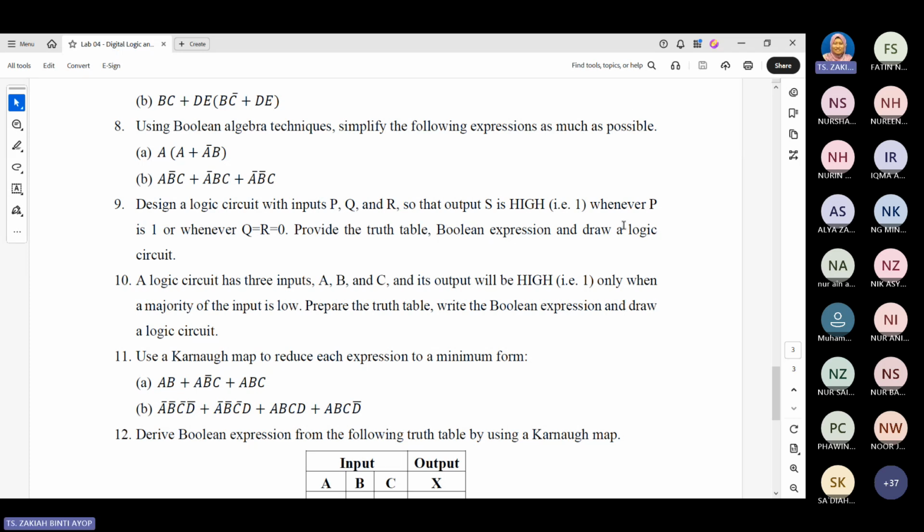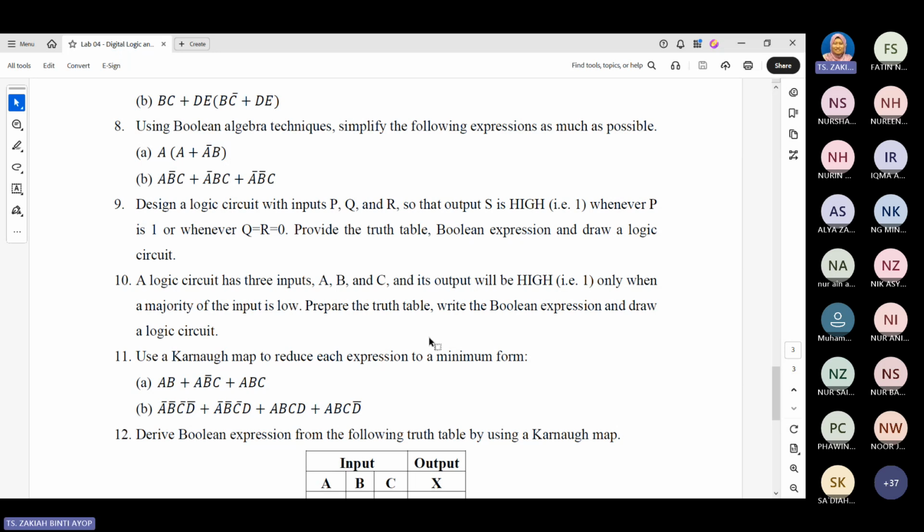It doesn't say anything about simplification, but in actual fact, you have to simplify it to draw the logic circuit, because that's a lot of expressions. It's a silent question, meaning that you need to simplify it to make it easier to draw the logic circuit. For question 9, I will give it to you, but question 10 will be your lab assessment, meaning that you need to solve it.